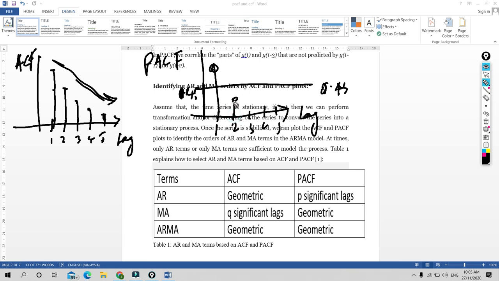If you have three spikes, it is AR3, provided your ACF is geometric. That is an AR model.